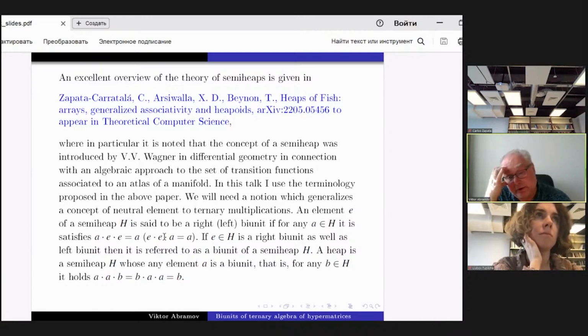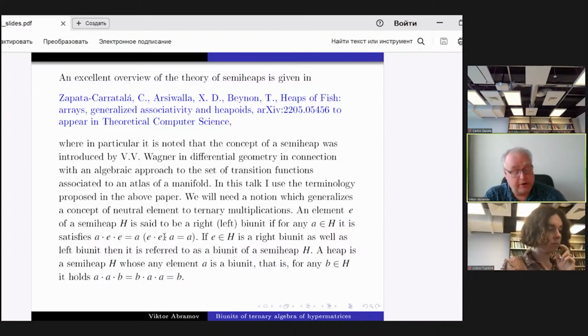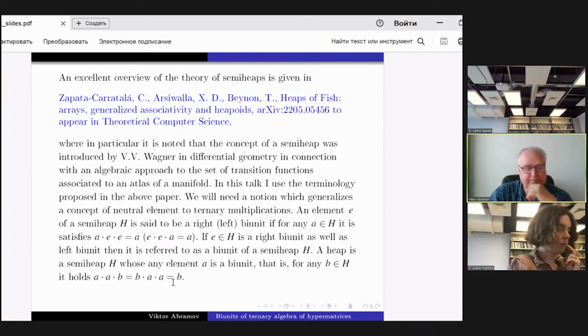If E is a right as well as a left biunit, it's called a biunit. And the heap is a structure where any element is a biunit. So we have this for any A and B. And of course, it's understandable that in the case of the transition functions, we have this.